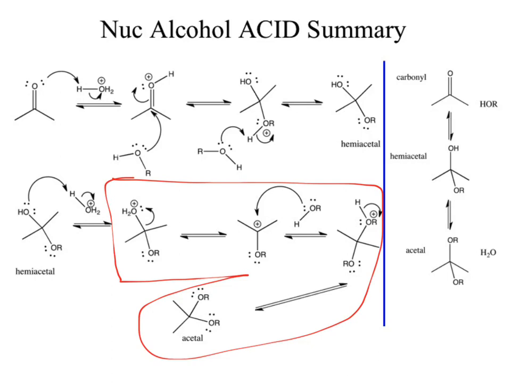Do we have to worry about steric hindrance? Why not? We're forming effectively a carbocation under acidic conditions. We're effectively going through an SN1 mechanism. So I don't have to worry about the steric hindrance issue. So under acidic conditions, I can make it all the way to the acetal.